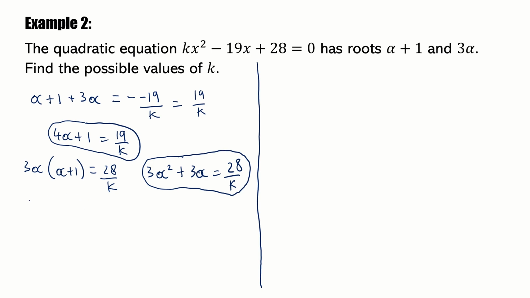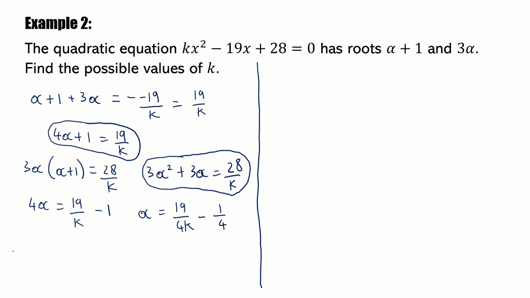So starting off by taking away 1 from that equation that's got 4 alpha involved to get 19 over k minus 1, and then dividing by 4 to get alpha is equal to 19 over 4k minus 1 over 4.